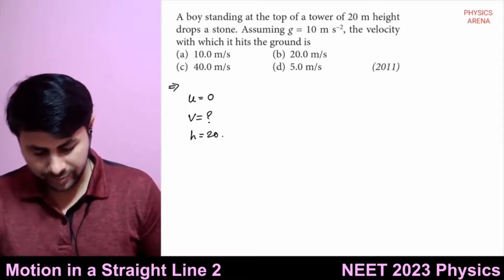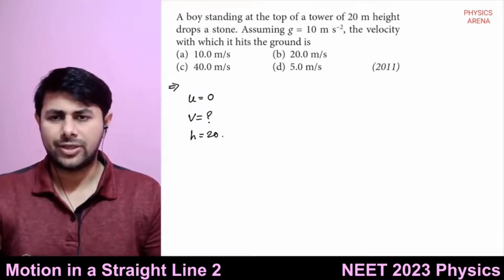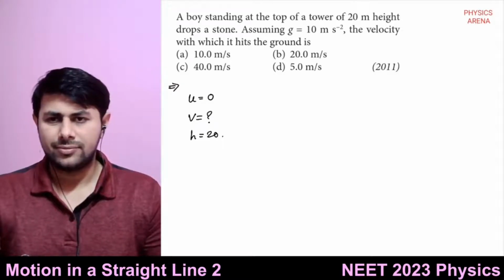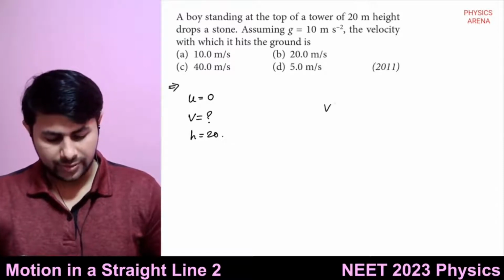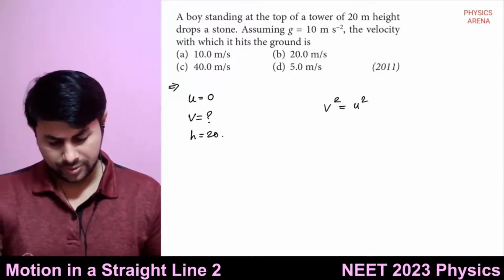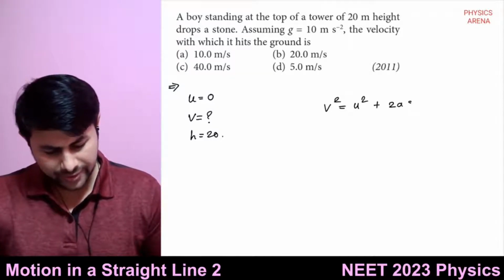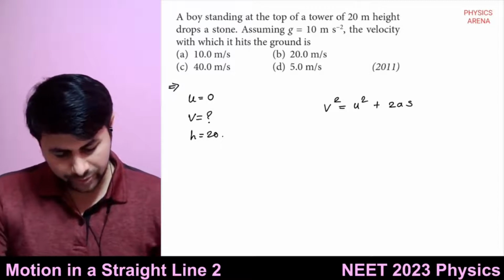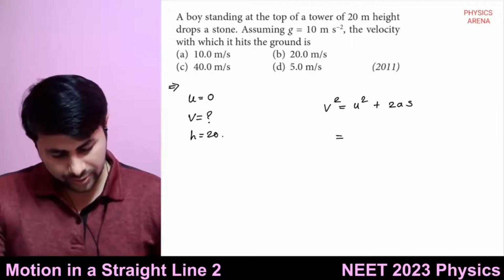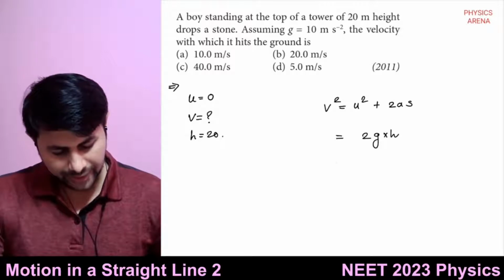Tell me the kinematic equation. Which one? v square is equal to u square plus 2as. Okay, and I want velocity only, and u is 0, so it is 2 times g multiplied by h.